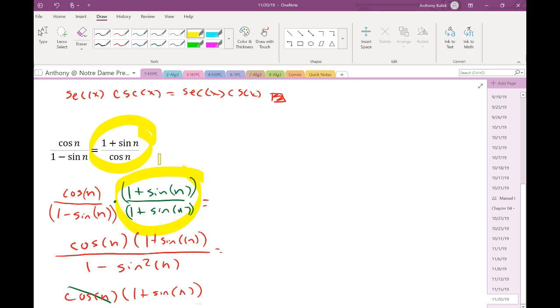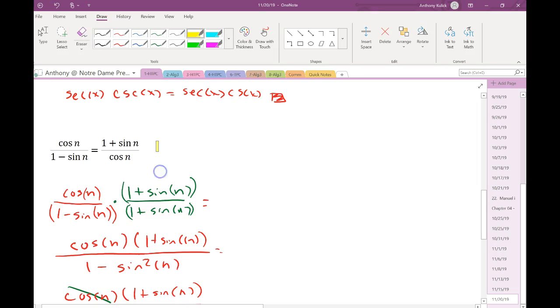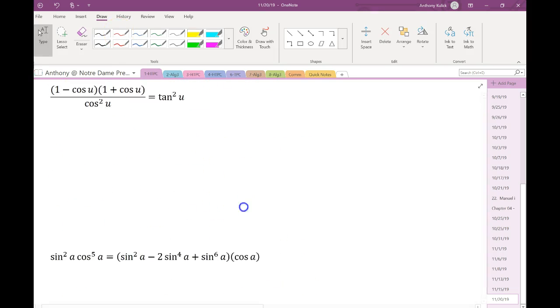That'll get me a 1 plus sine in the numerator, which I know I have to end up with somehow. I'm going to just put it there. That's another reasonable explanation as to why I would do that as my first step. Is that okay? So again, looking at where you're trying to get to is helpful. All right?